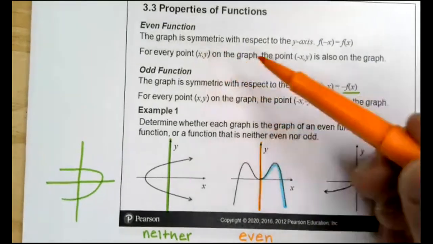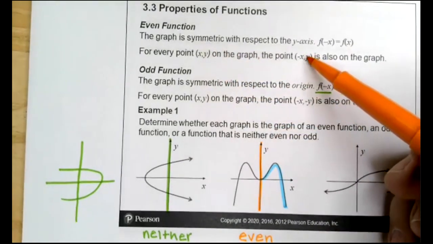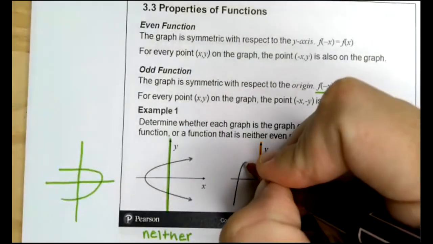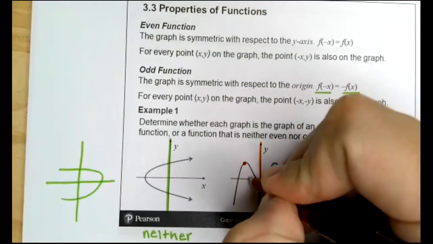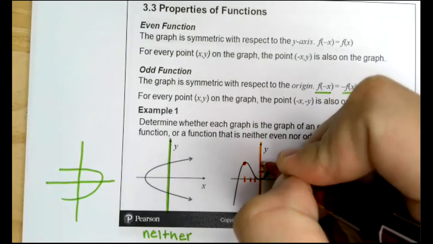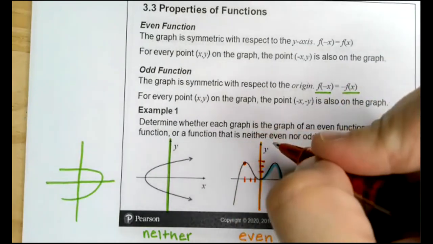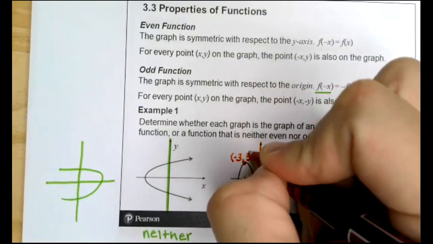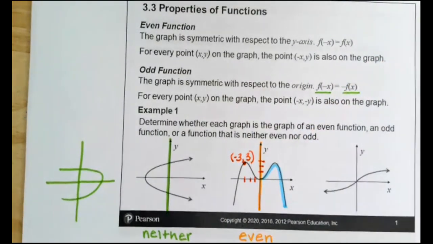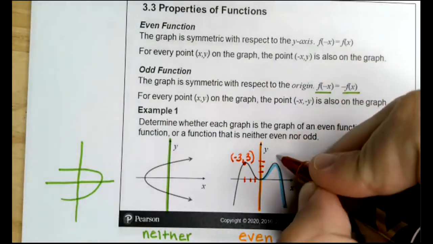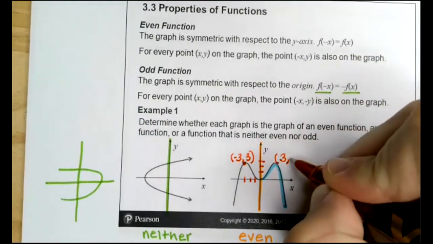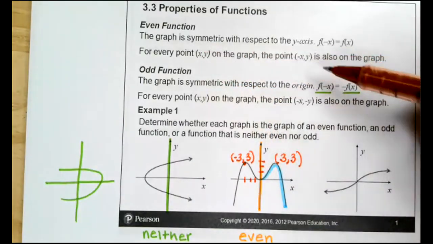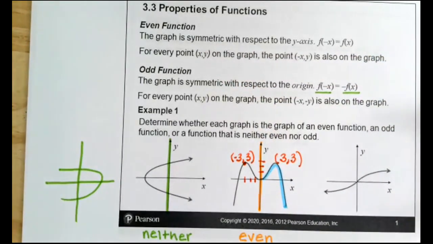Every point x, y on the graph also has the point negative x, y. So if I said this was point negative 3, 3, this is the point 3, 3. So every point x, y has a negative x, y because it is even.